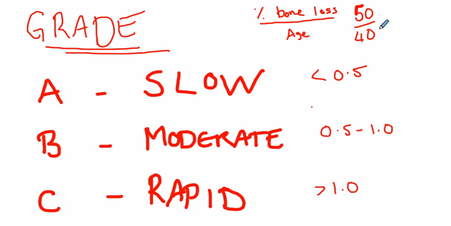So 50 divided by 40 equals 1.25. Therefore, for this grading, this would be greater than 1, therefore it's rapid. Okay, so rapid bone loss.